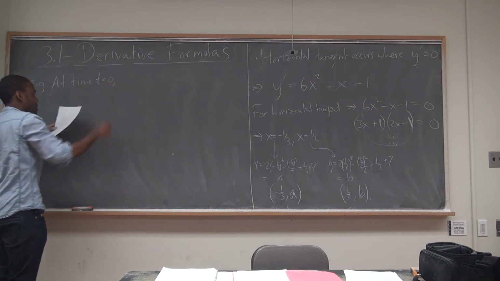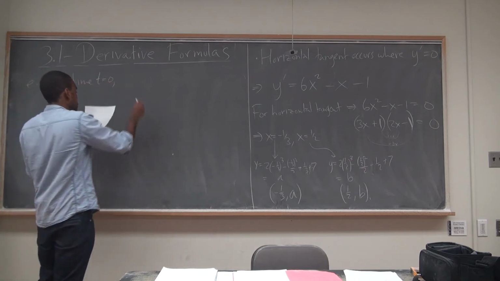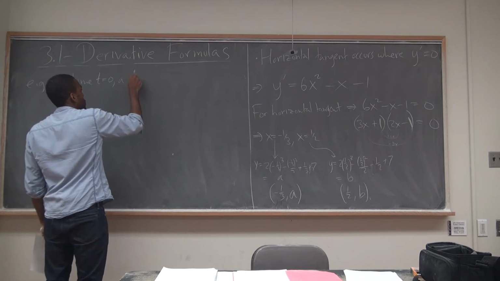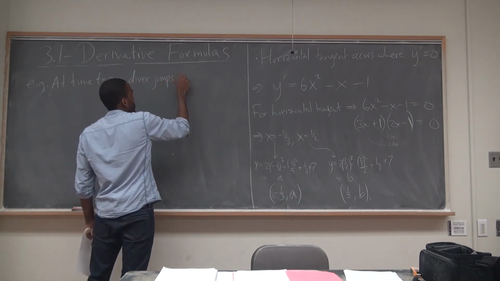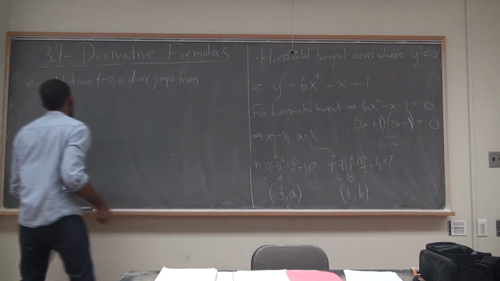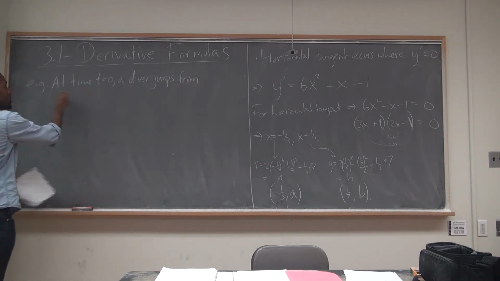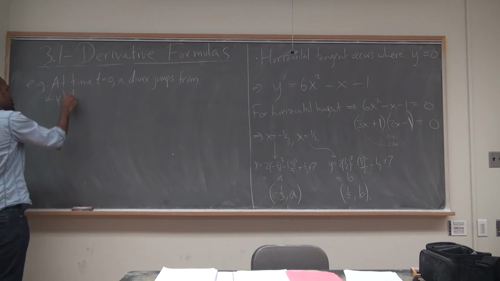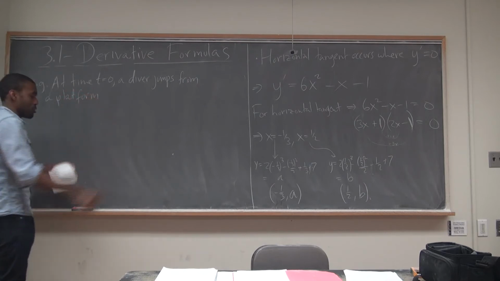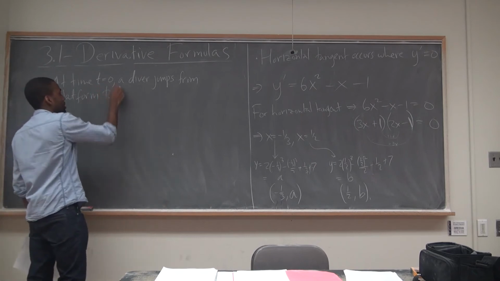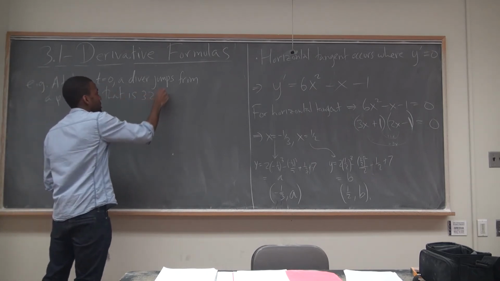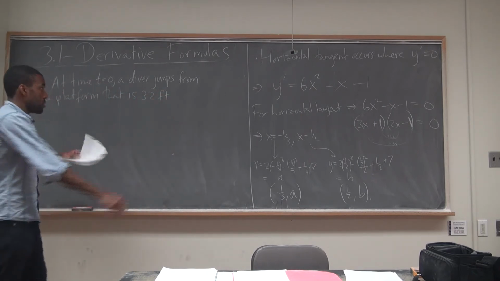At time t equals 0, a diver jumps from a platform. Don't know why, he had his whole life ahead of him. There's a story here somewhere, but I don't think it's our concern. The platform is 32 feet above a pool.